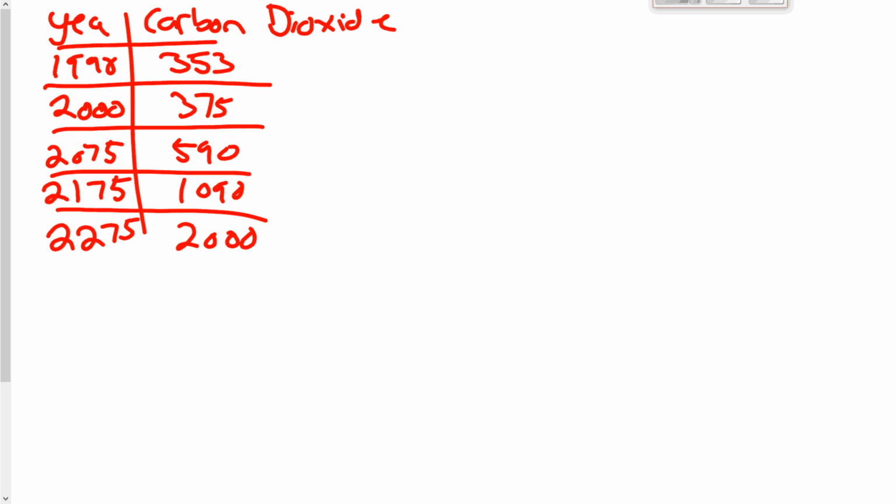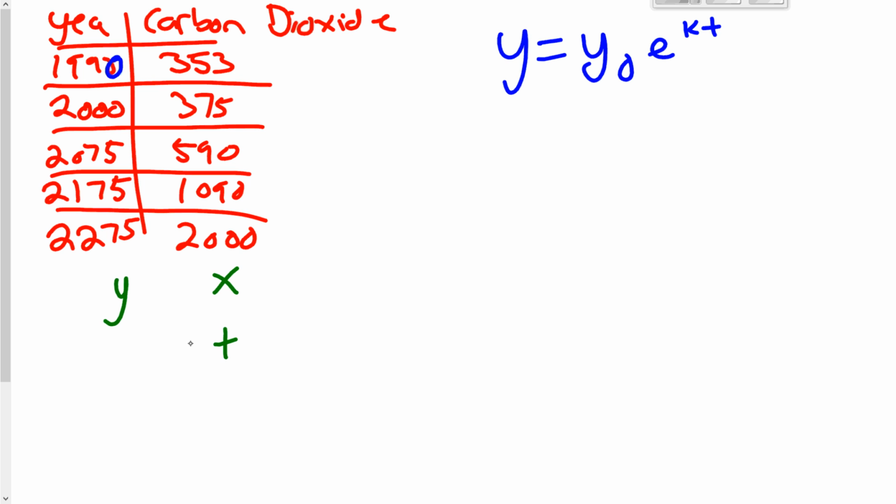Here's the first one, dealing with carbon dioxide. In the year 1990. We want to find the exponential function. Well, we can let our t, or you can say x, you can say xy, or ty.